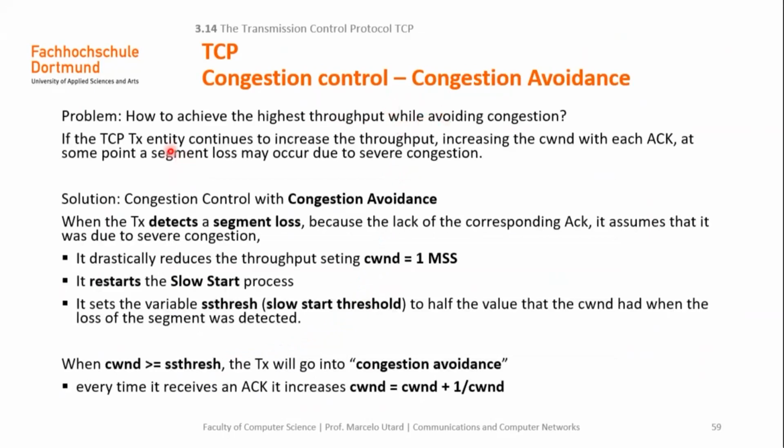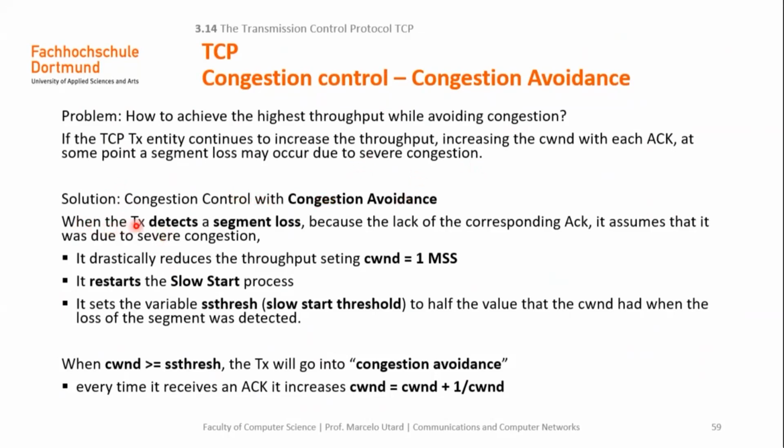Well, now we have another problem: how to achieve the highest throughput while avoiding congestion. If the TCP transmitter entity continues increasing the congestion window with each acknowledge, at some point a segment loss may occur due to severe congestion. The solution: implement the congestion control with congestion avoidance.